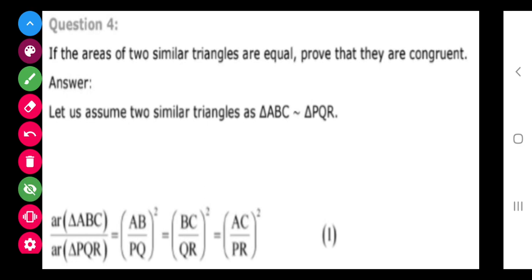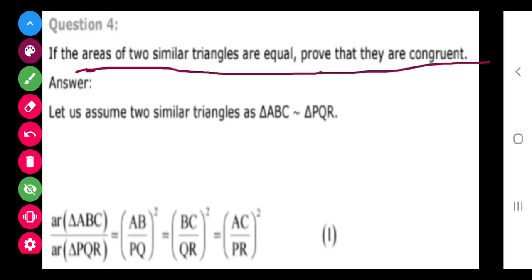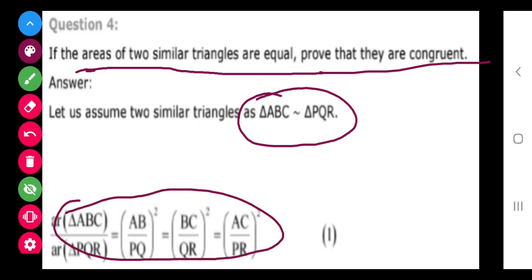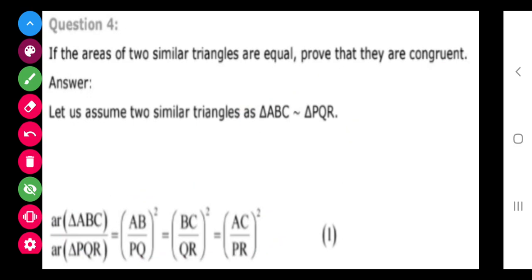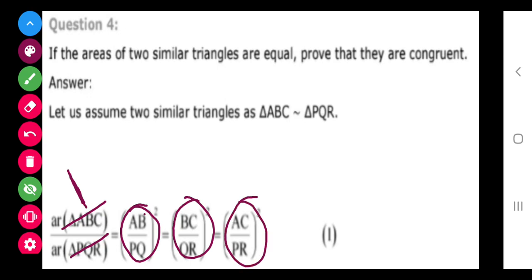Another easy question. This says if the areas of two similar triangles are equal, then they are congruent. If they are similar triangles, then we have this theorem. Now what's given? That these two areas are equal. It means AB upon PQ square is equal to 1, BC upon QR square is equal to 1, and AC upon PR square is equal to 1.